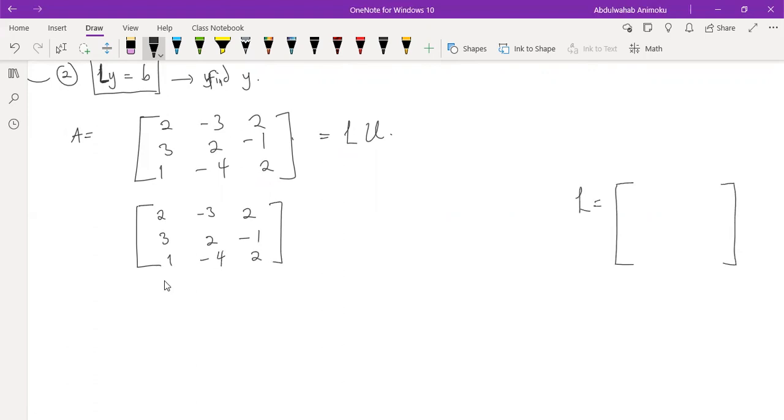L is always going to be a lower triangular matrix, so the upper part is going to have 0s. But we're going to fill in the lower part with other values.